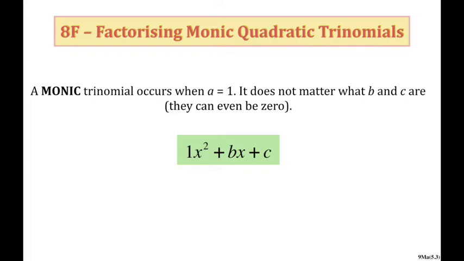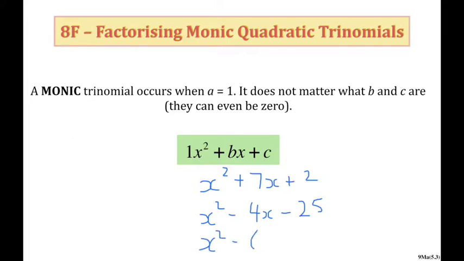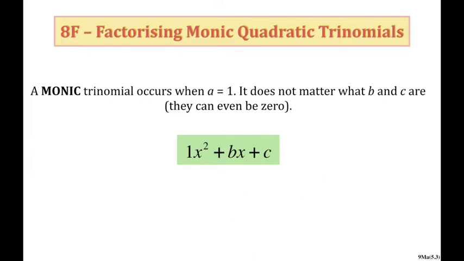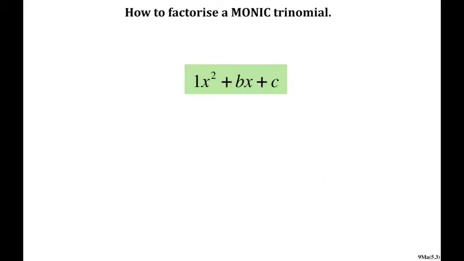So here's some examples of monic quadratic trinomials. x squared plus 7x plus 2, x squared minus 4x minus 25, x squared minus 6x plus 11. Doesn't matter, as long as the number in front of the x squared is a 1, it's a monic quadratic trinomial.